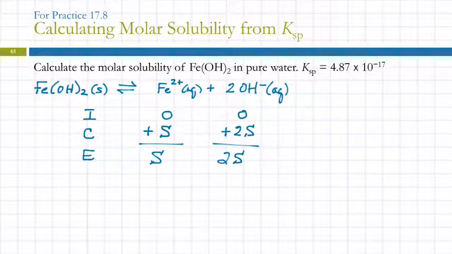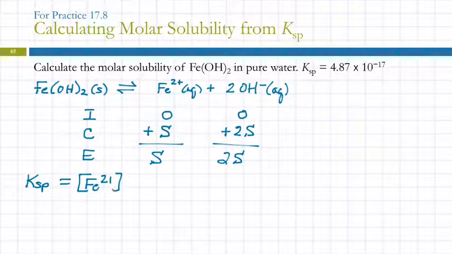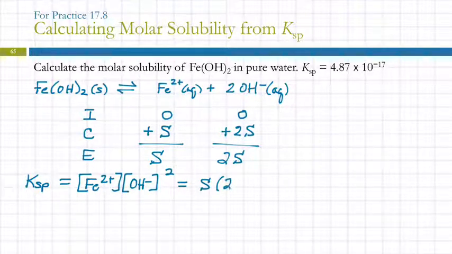So let's write the expression for the equilibrium. KSP equals the iron concentration times the hydroxide ion concentration squared, right? So if we put the S's in there, we have S times 2S, that quantity squared.